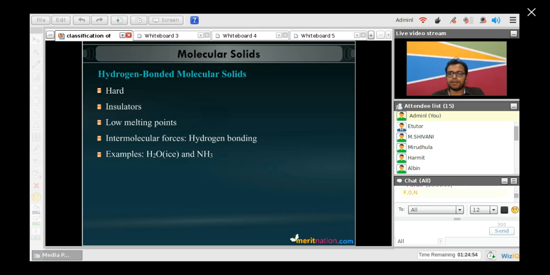These are the atoms which can form hydrogen bond, because these elements are very electronegative in nature. So only highly electronegative elements can form hydrogen bond, right? So HF and H2O have hydrogen bonding inside them. Now examples of hydrogen bonded molecular solid are H2O ice and NH3.